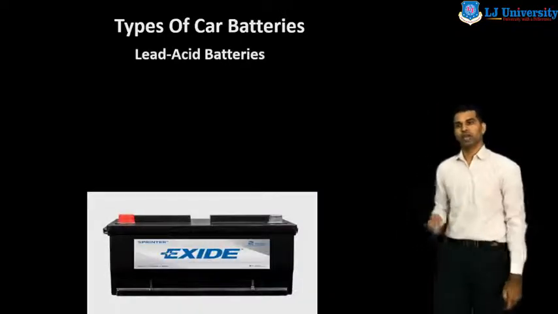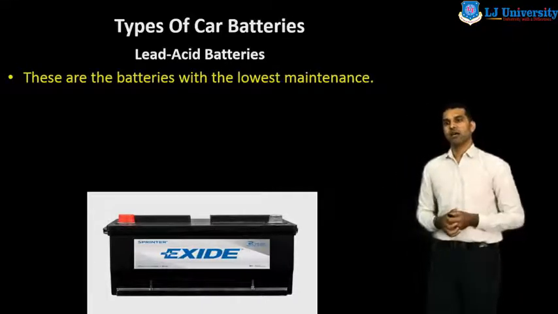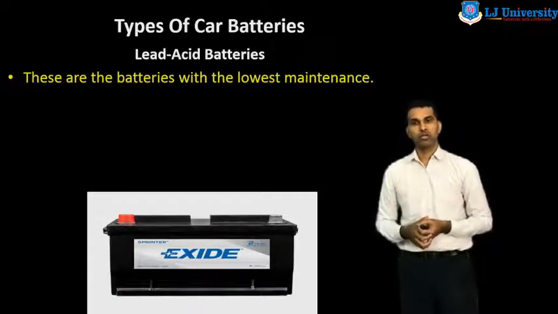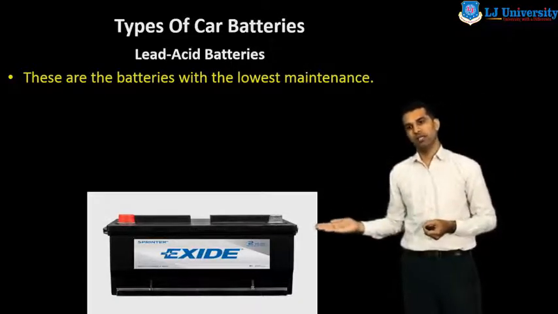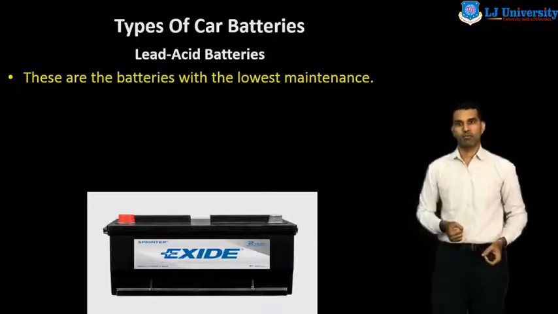Now, the third type of battery is the lead acid battery. These are the batteries with the lowest maintenance. For this type of battery, the maintenance cost is very low compared to the other types of batteries.